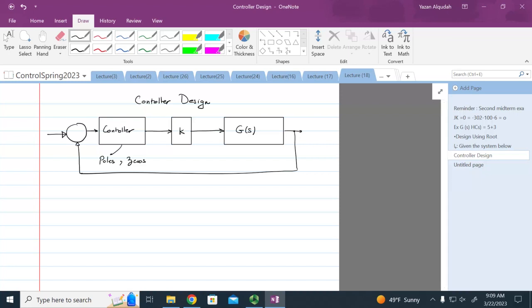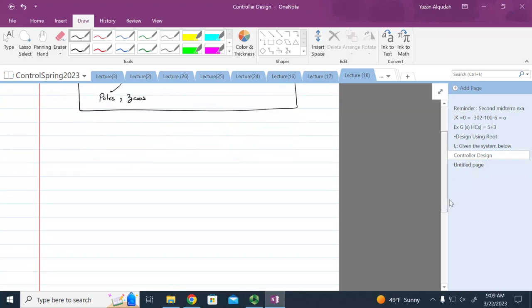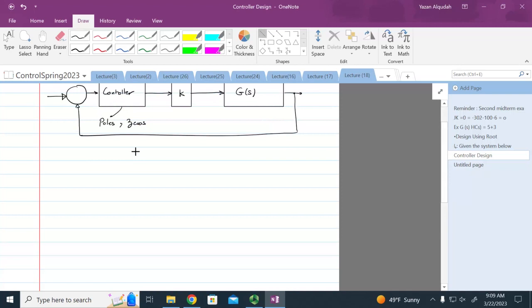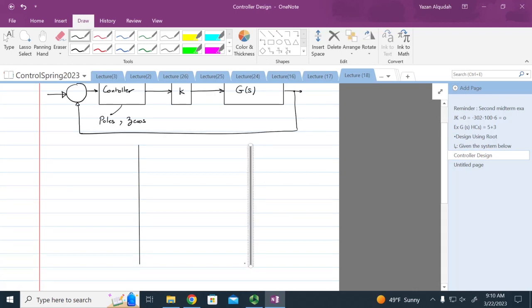Okay. What type of controller are we going to be looking at? Let's divide this into 3 parts. We're going to be looking at controllers that will improve the steady state error, to solve the problem of the first example that we've done.